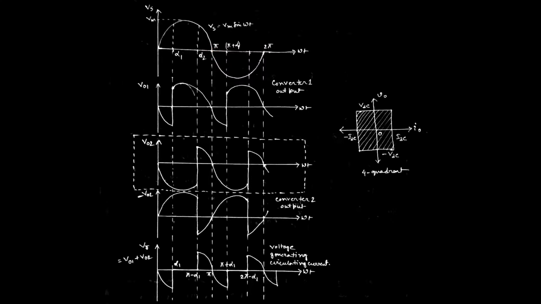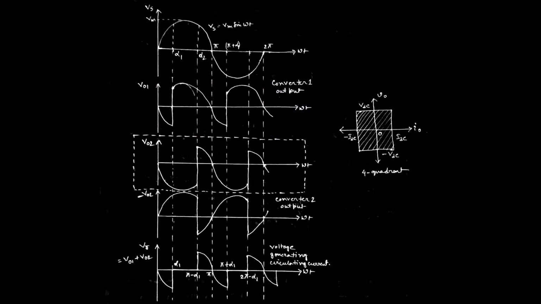After that, from pi to the particular point, alpha plus pi, where the next triggering pulse is given, the output voltage will take this shape, from this one to this one. Next we apply the next triggering pulse for the next half cycle, and then the cycle will be repeated. So this is the waveform from converter 1.